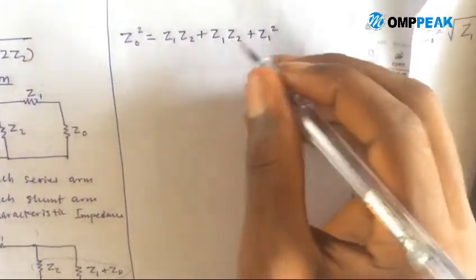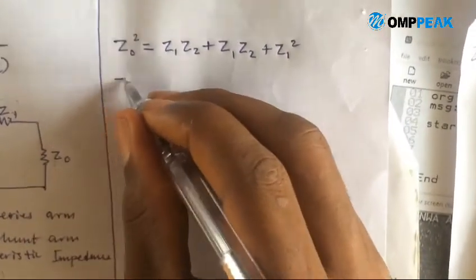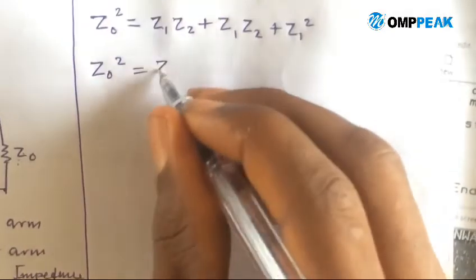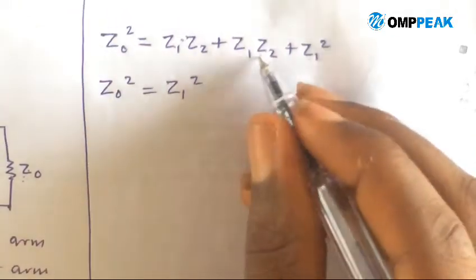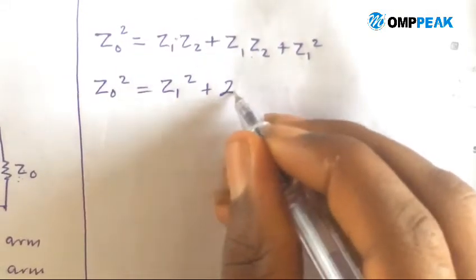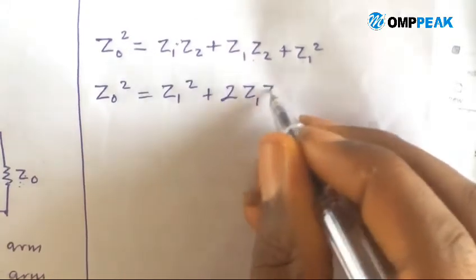So it's still the same thing. When we rearrange this, we have Z0 square equal to Z1 square. This and this, they are the same thing. So when we add them together, it will now be plus 2Z1 Z2.